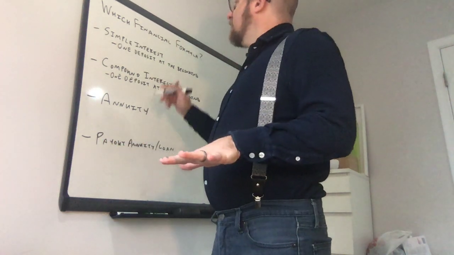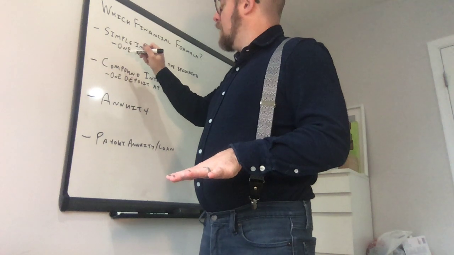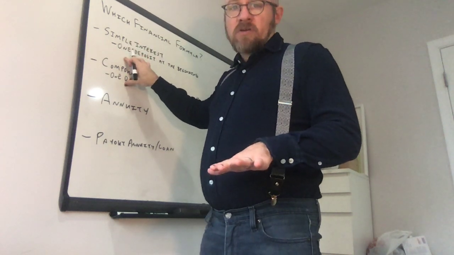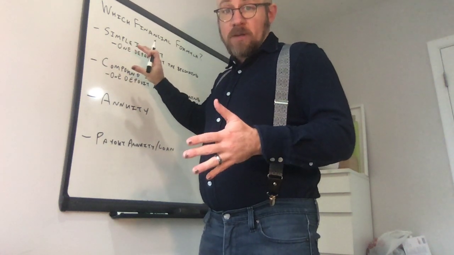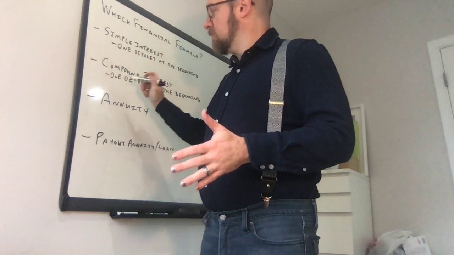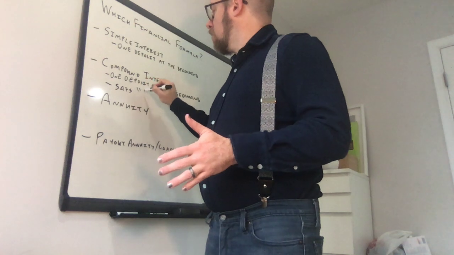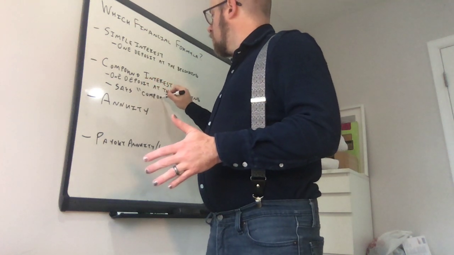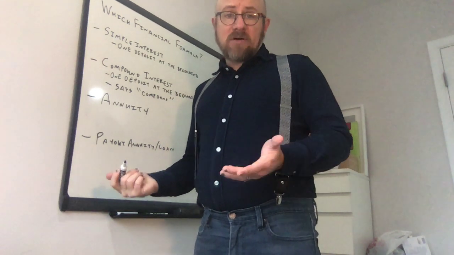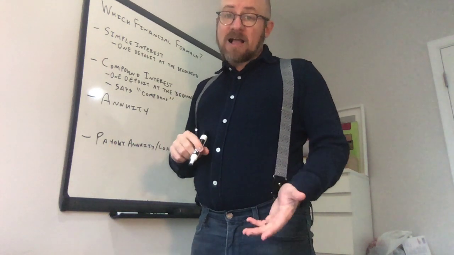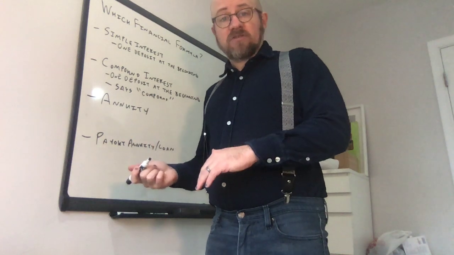Okay? For simple interest versus compound interest, in these situations where you've just got one deposit, how do you decide which one of these to use? Well, if it says compound, use compound interest. If it doesn't say compound, use simple interest. Okay?